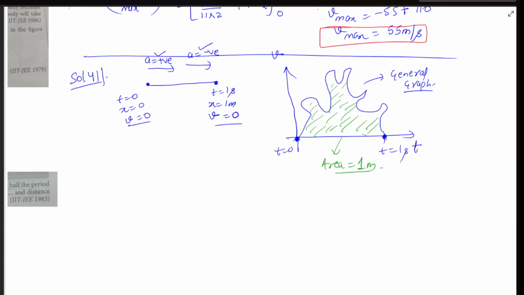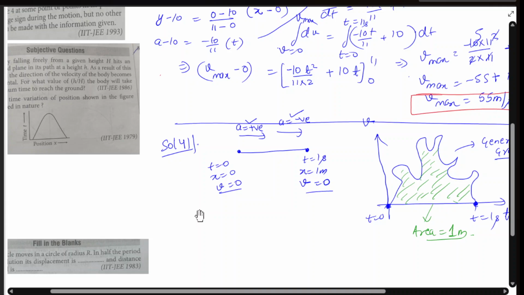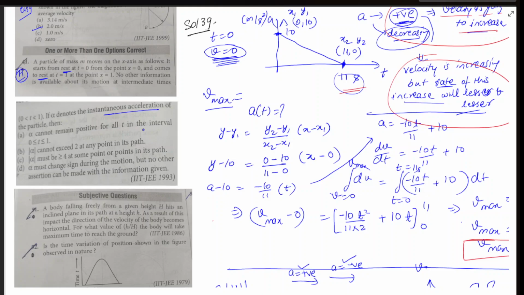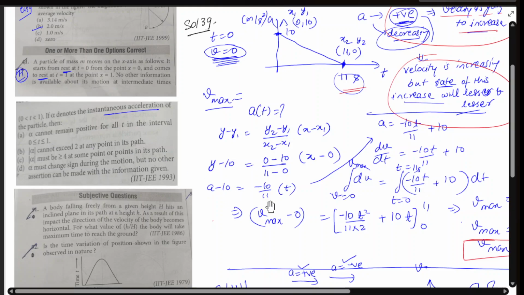Now we have to estimate what the acceleration will be. So let's go and see some points first. The first point is: acceleration cannot remain positive for all t in the interval from 0 to 1. This is absolutely correct.